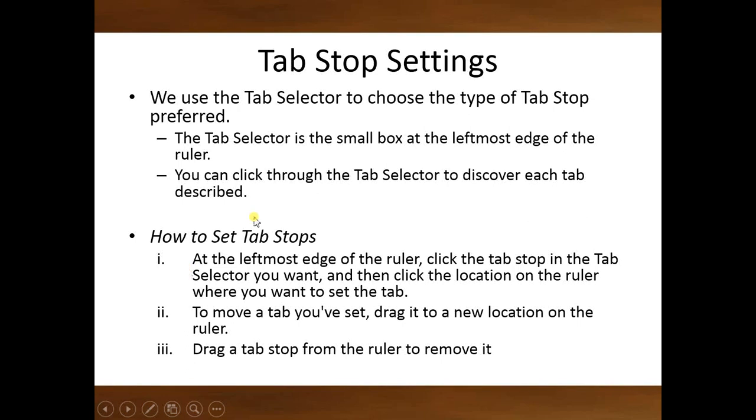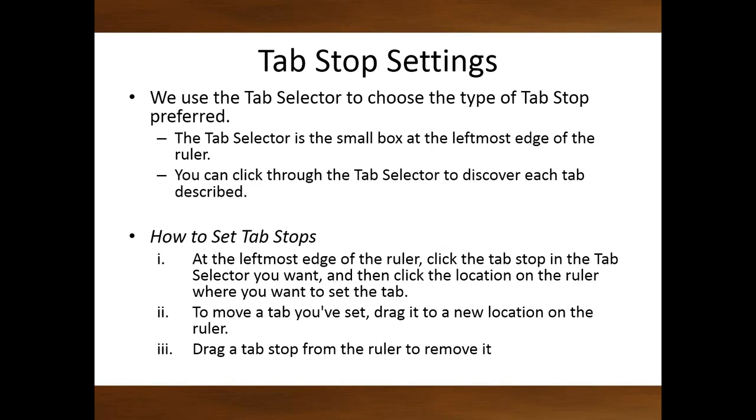What is the procedure for setting tab stops? They are as follows. Step 1. At the leftmost edge of the ruler, click the tab stop in the tab selector you want, and then click the location on the ruler where you want to set the tab.